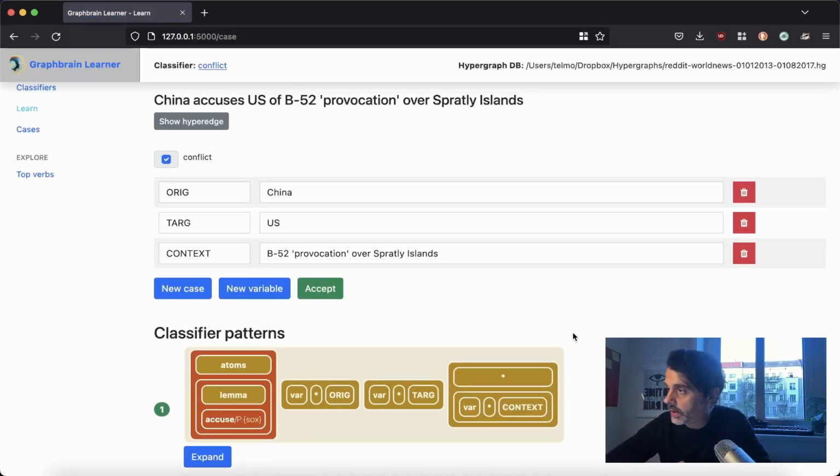Now we have a predicate based on the verb to accuse, as we've seen before, but now with this more complicated structure. We already have a new example here that is classified as a conflict according to this new pattern. China accuses United States of B-52 provocation over Spratly Islands. So this is good. This is in fact a correct example.